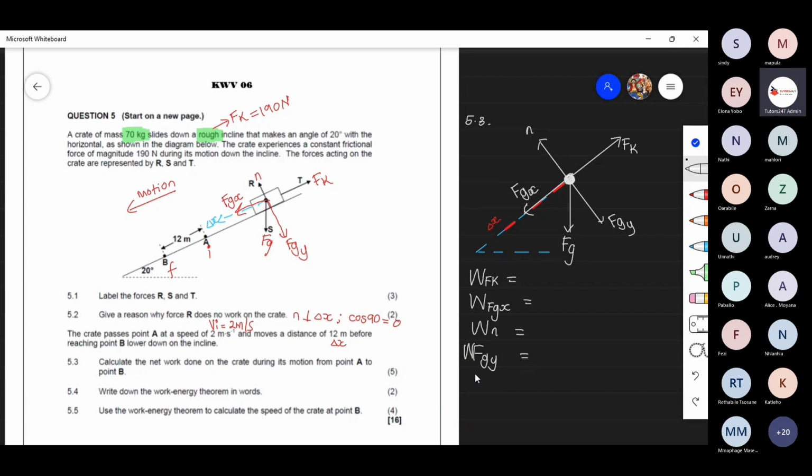So we basically need to calculate the work done by all 4 of those forces, and then add them up, and that is then going to give us the net work done. So let us start with FK, the work done by our kinetic friction.